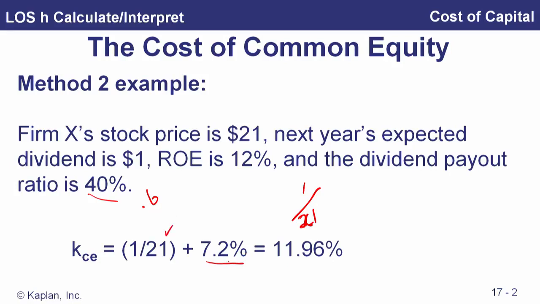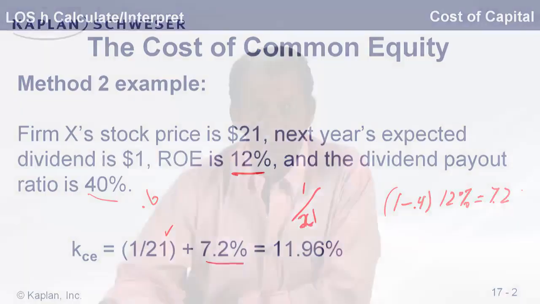Well, where did we get our growth rate? We take 1 minus 0.4. That gives us our 0.6 retention ratio times the ROE of 12%, so 0.6 times 12%, and that's where we get our 7.2% here as our assumed constant growth rate over time of g, sometimes called the sustainable growth rate.